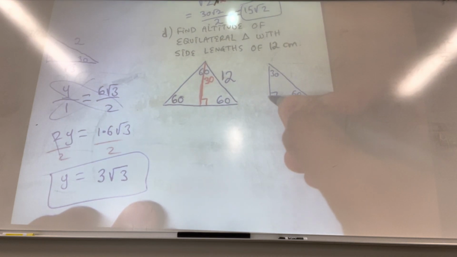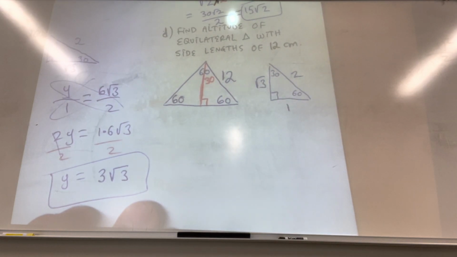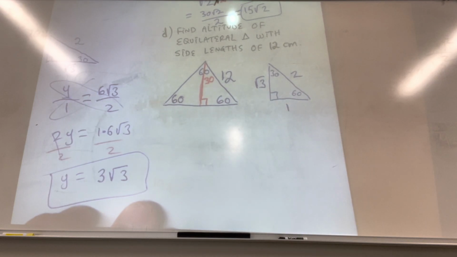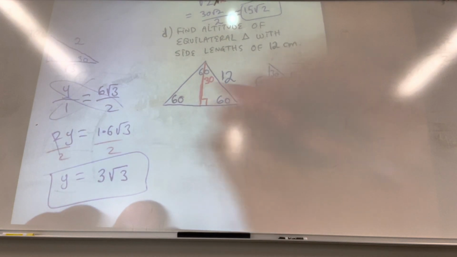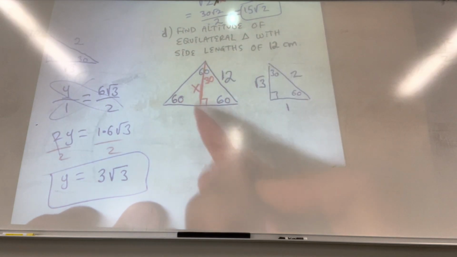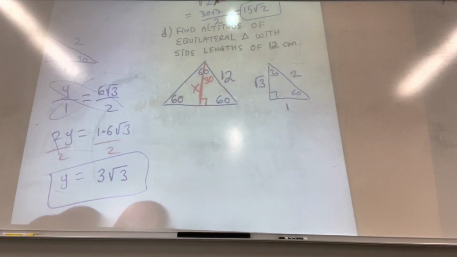What's across from 90? What's across from 60? That's right, we gotta know those by heart. Oh, and find the altitude. I forgot, where should I put the X? The line that's split. It says find the altitude, so X, this is what we don't know.